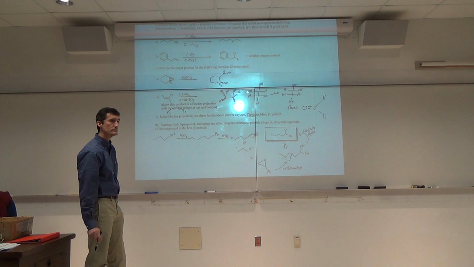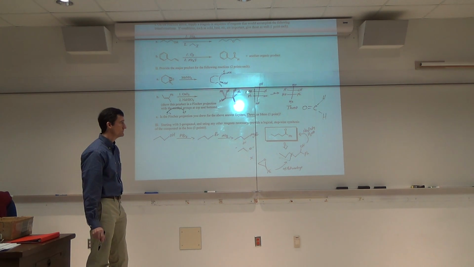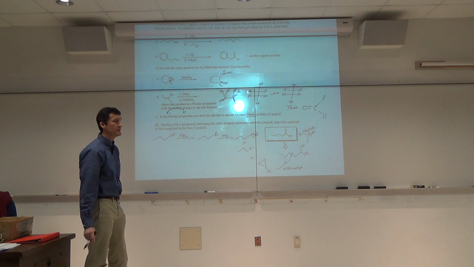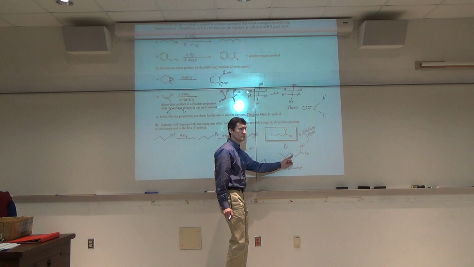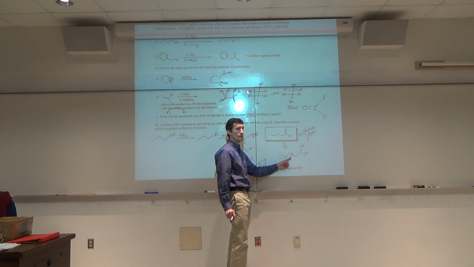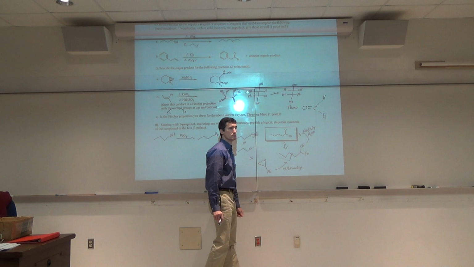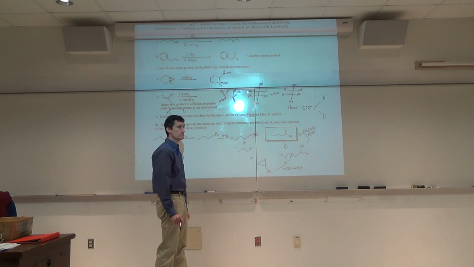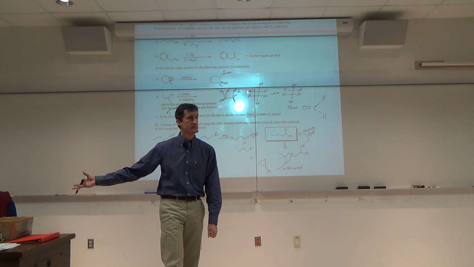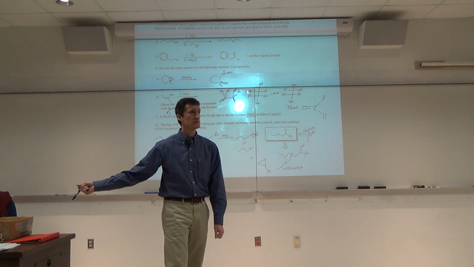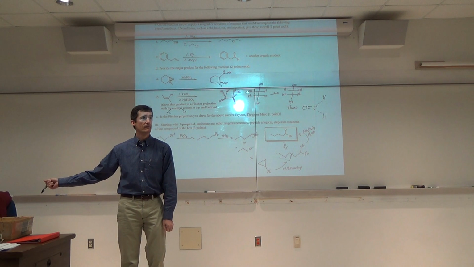So it was pretty easy, so to say. Would that work? I didn't see what you're talking about, but I don't understand. You had an alcohol out here? I had three carbons added to the original reaction. I don't know. Do you want to show it on the overhead? Or do you want to show me after class? Okay.